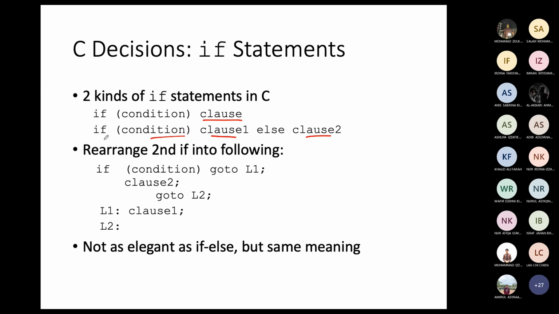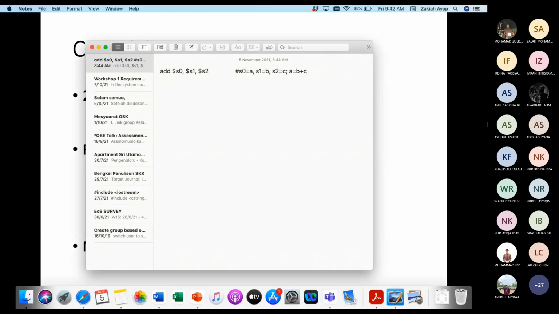So here, let's see. If x equals 0, then we would run this statement: x is equal to x plus 1.